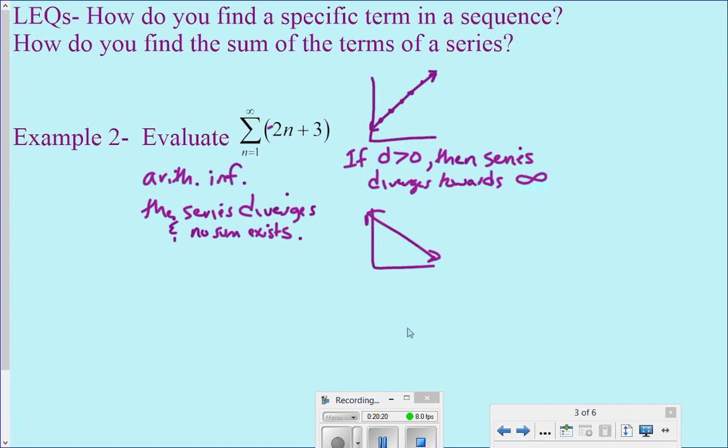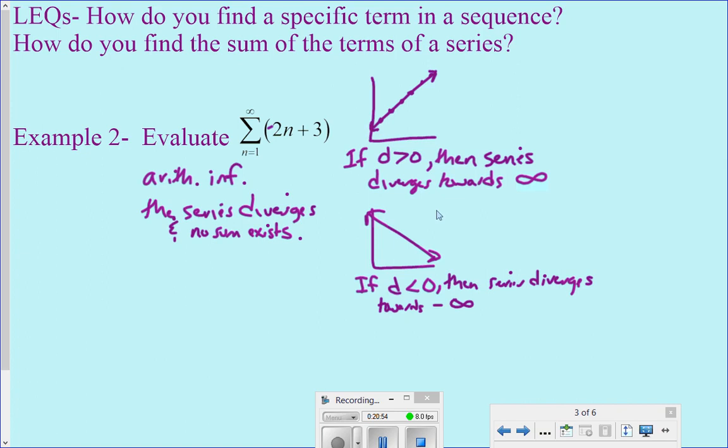So once again, the series is diverging, but this time it's headed towards negative infinity. So if d is less than 0, and you don't have to worry about absolute value with arithmetic, just d, then the series diverges. And again, you would still say no sum exists. But what I'm telling you is the series diverges because it's headed towards negative infinity. So it diverges towards negative infinity. Okay.